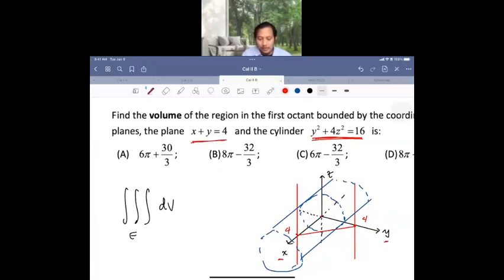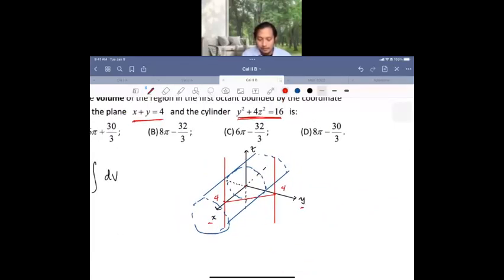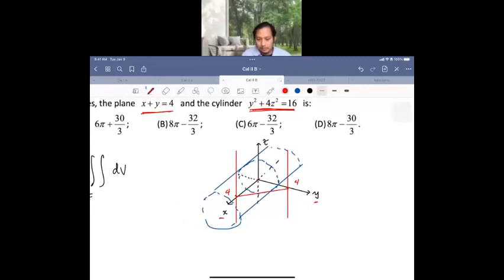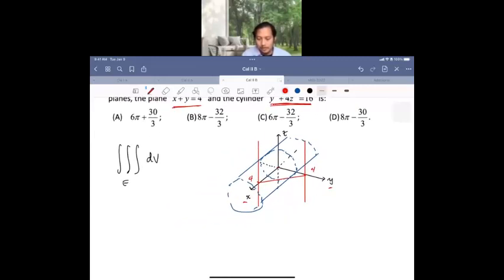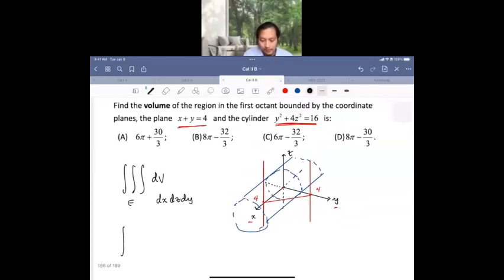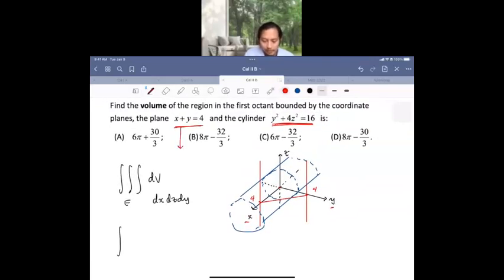So let me write here. If we take x as the inside, dx dz dy, since we know we could make up x and y through this formulation, 4 minus x or 4 minus y, we could choose.